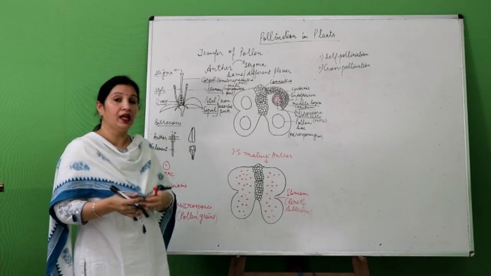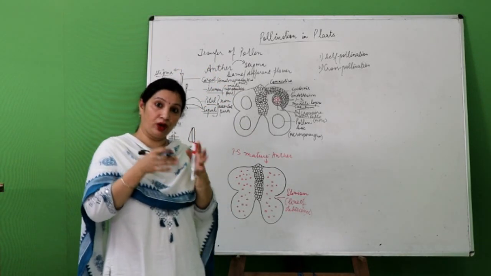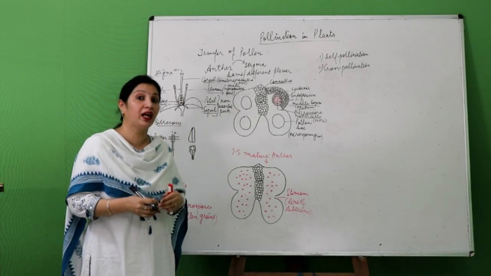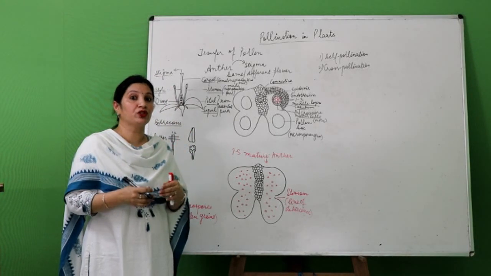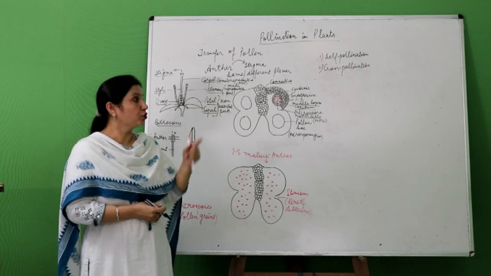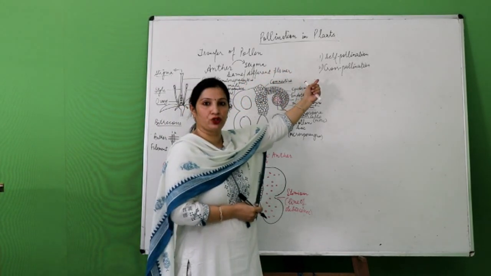Now it may happen that the pollen may not fall on the stigma of the same flower but on some other flower which is growing on the same plant. So that flower would be genetically similar to the flower from where the pollen are coming. So that would also be self-pollination.